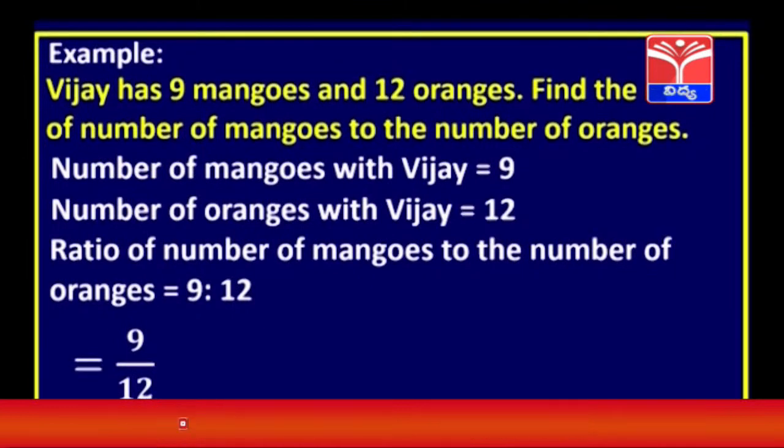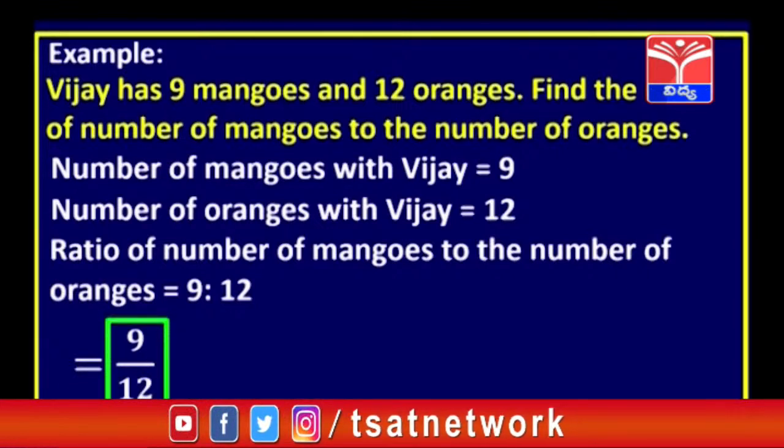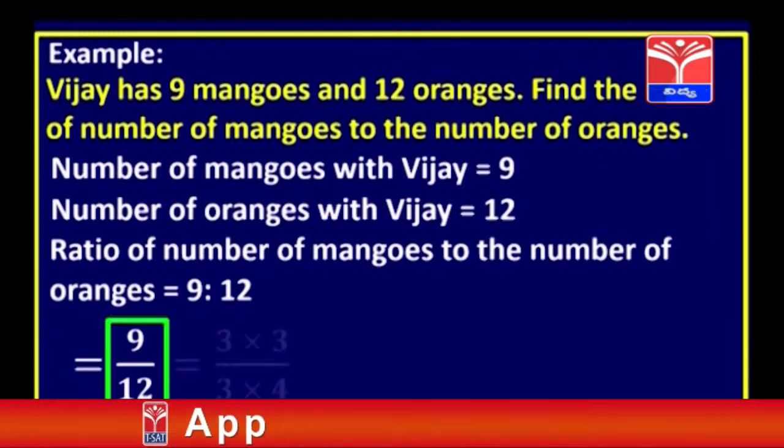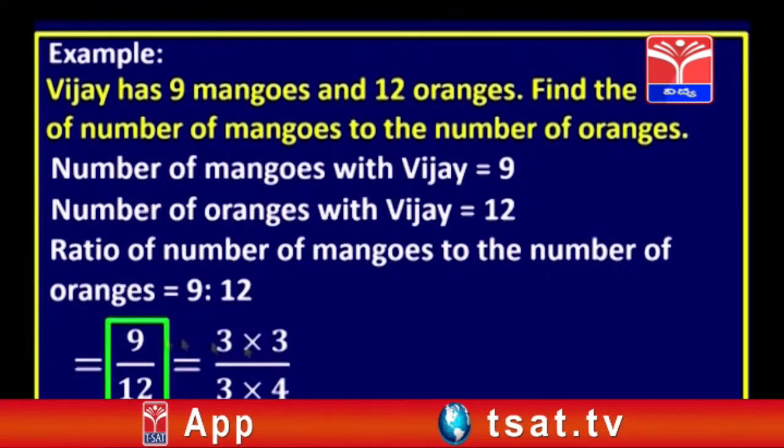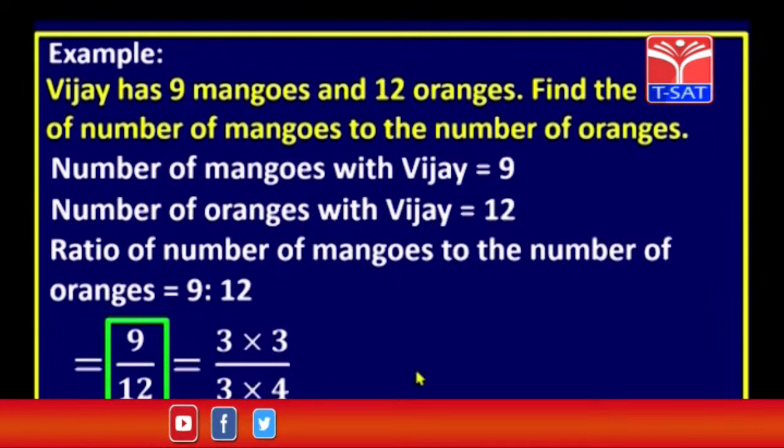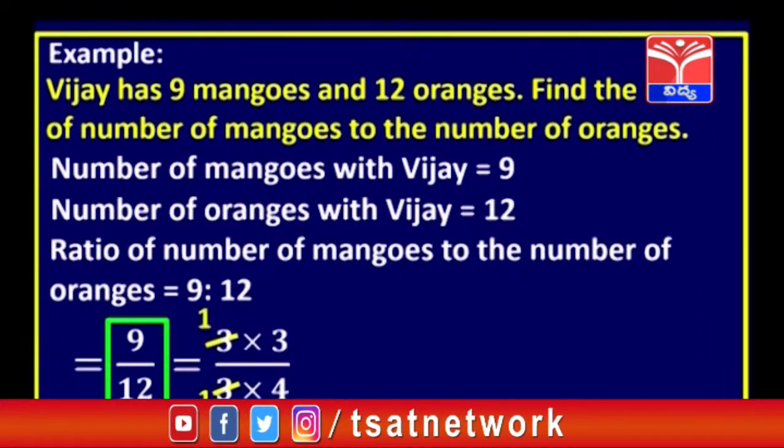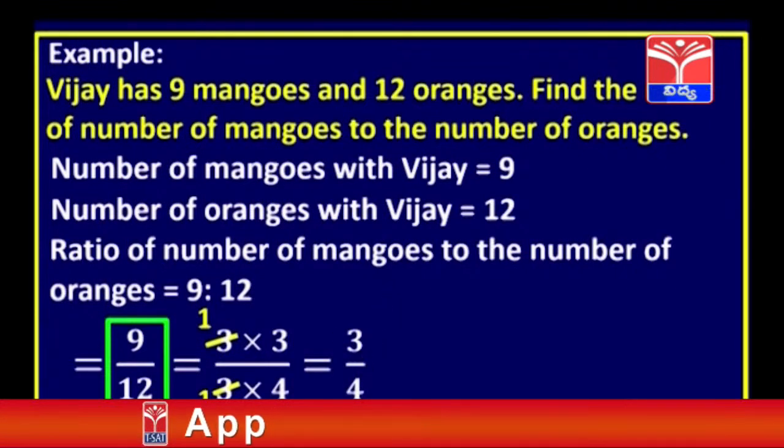Now children, do you find anything common in these two, that is 9 and 12? Yes, we find something common here. What is that? Yes, it is 3. So we write it as 3 in the numerator divided by 3 in the denominator. Now what is the common factor here? 3, right? So we cancel 3 one time in both denominator and numerator. And what is left? We are left with 3/4.